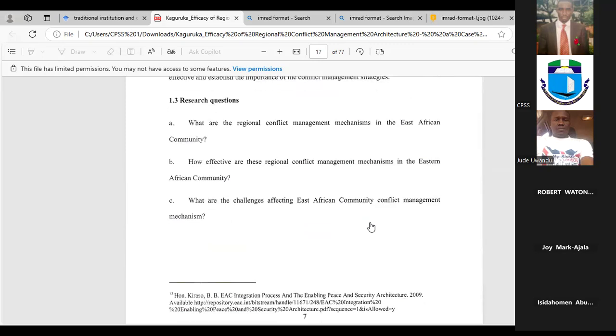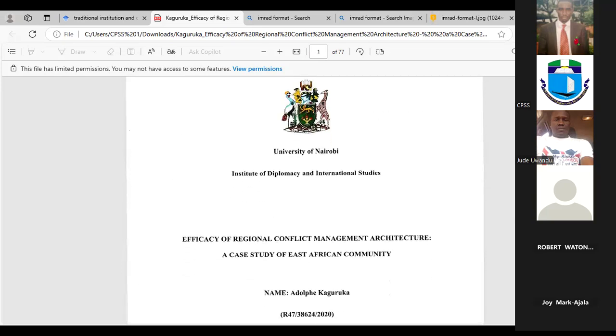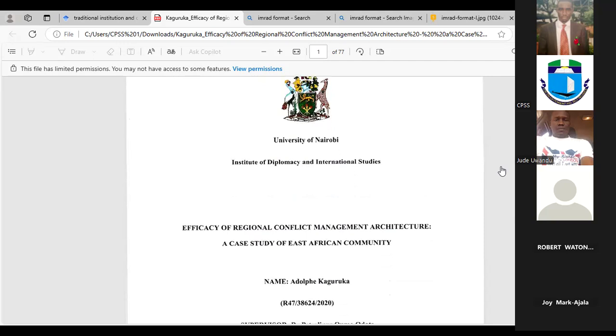See? What are the regional conflict management mechanisms in? Remember the title. Scroll up. Let's look at the title. See the first research question. Efficacy of regional conflict management architecture, a case study of East African community.